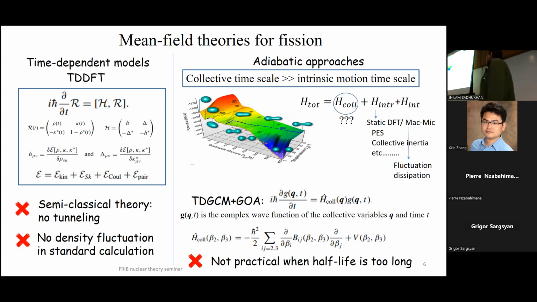Now, it also has limitations, like here we cannot have any kind of wave function. There is a certain prescription for this wave function. Normally Gaussian type wave functions we can treat using this method. And also, if we apply this method for very large lifetimes, then it takes huge time, which makes it impractical to apply for tunneling.